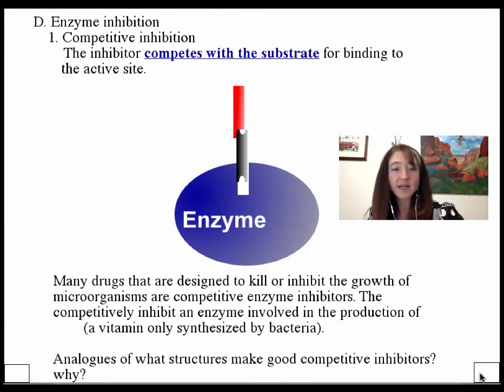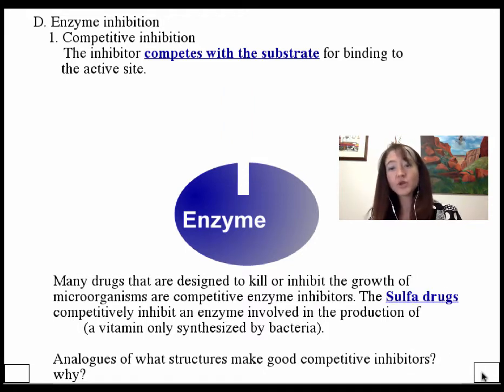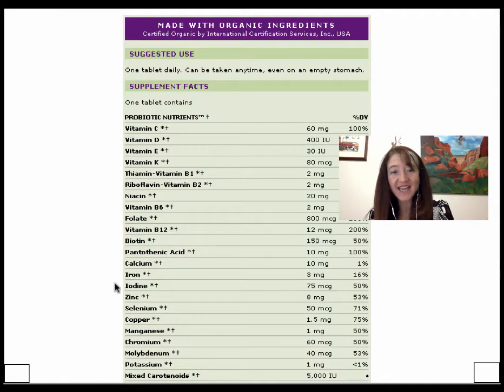So many drugs that are designed to kill or inhibit the growth of a microorganism are competitive enzyme inhibitors. Penicillin is a great example of that, but so too are the sulfa drugs. So sulfa drugs competitively inhibit the enzyme that builds folic acid. So we come back to our ingredient list on that vitamin, and remember that we have to take folic acid in our diet.